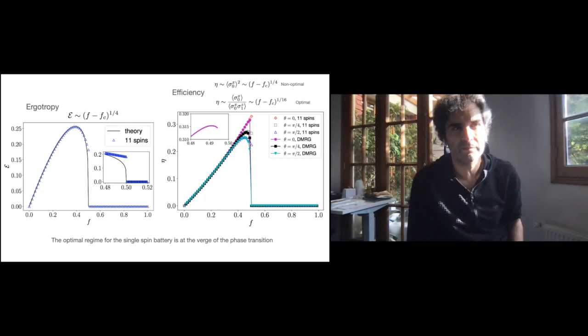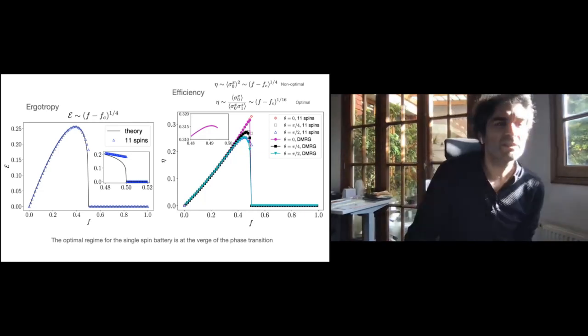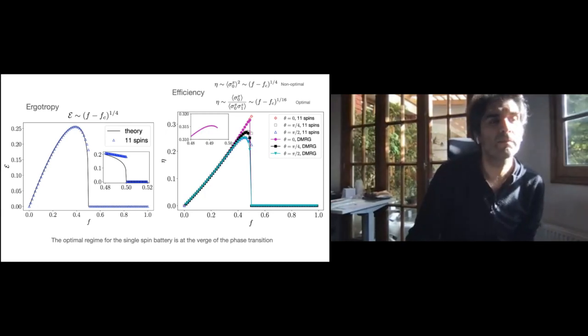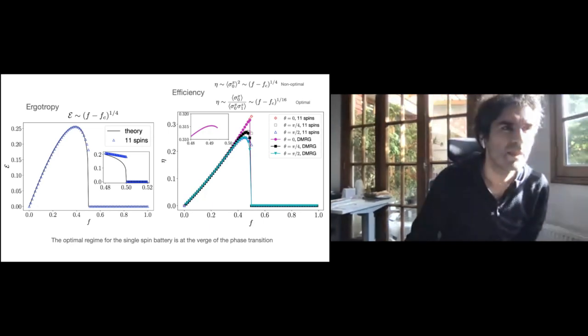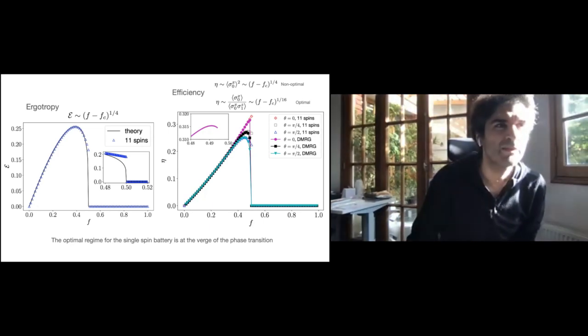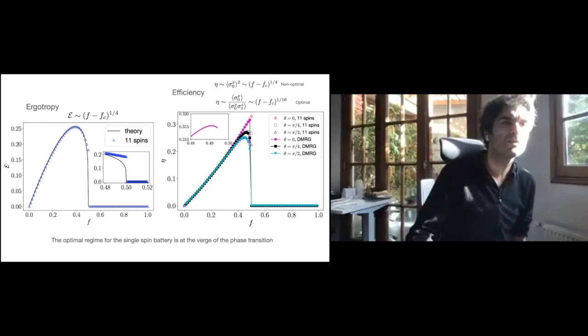And we see that the efficiency behaves very differently if we are in the non-optimal thetas, which are finite thetas, or if we are in the optimal theta, which is theta equal to 0 in this case. So the critical behavior of the efficiency changes.